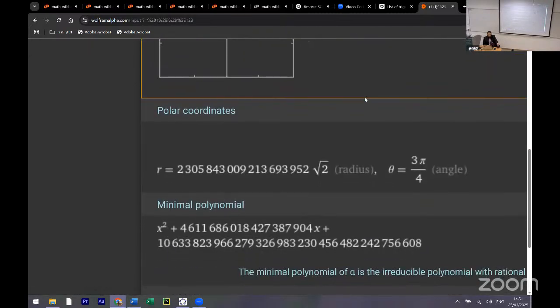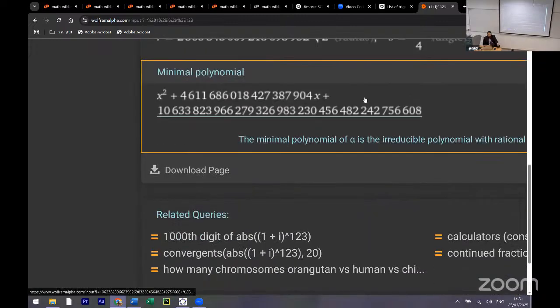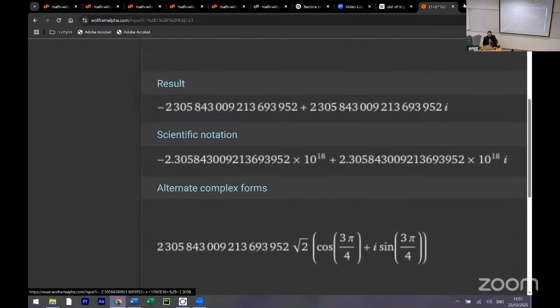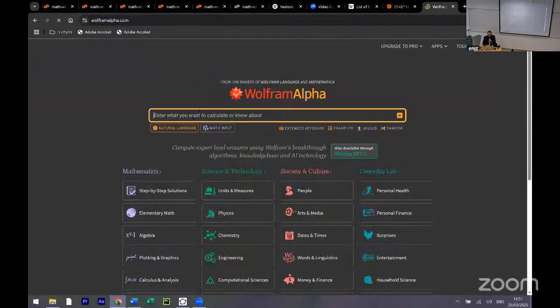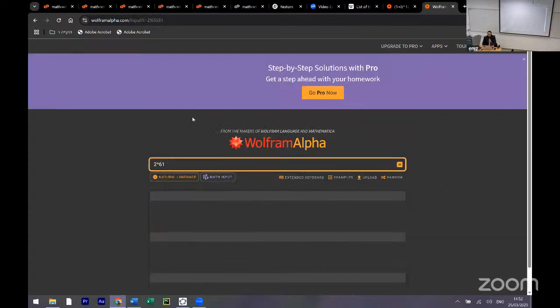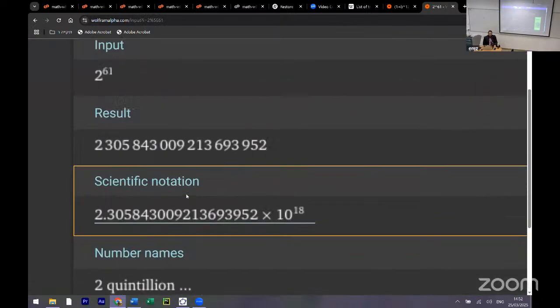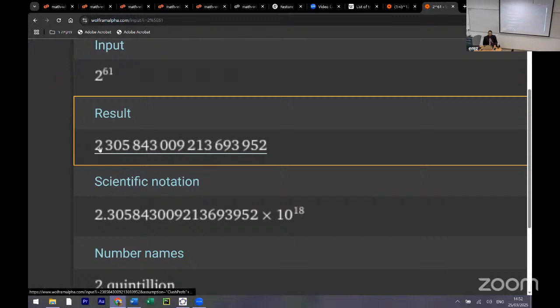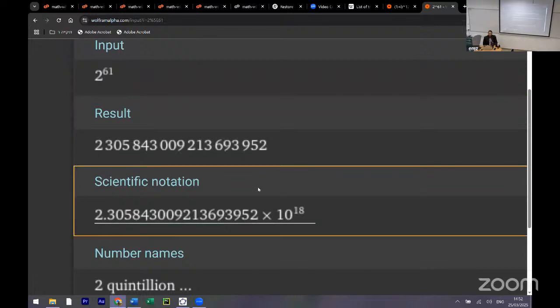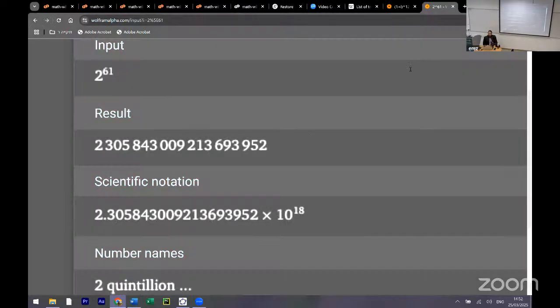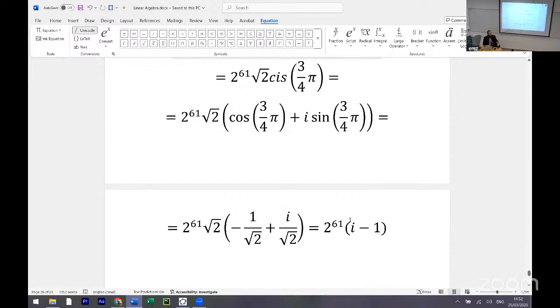And if it doesn't admit it by itself, I'll open another tab of Wolfram and ask it 2 to the power of 61. And wow, even I didn't believe it. The first few numbers seem right: 2305, 2305. Yay. Okay, so we actually found the right number. Any questions so far?